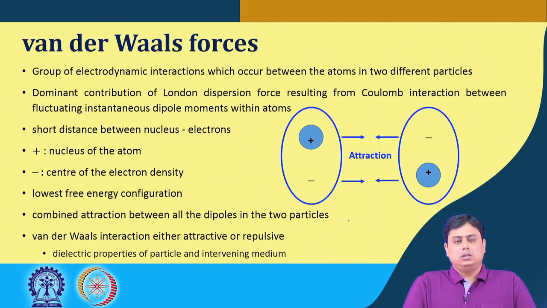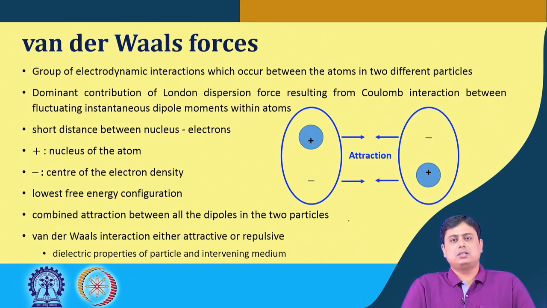Now, one of the major surface forces that we introduced earlier is the van der Waals forces. We have discussed this, but for the sake of coherency, let's see this part again in a bit more detail. These van der Waals forces are a group of electrodynamic interactions which occur between the atoms in two different particles.